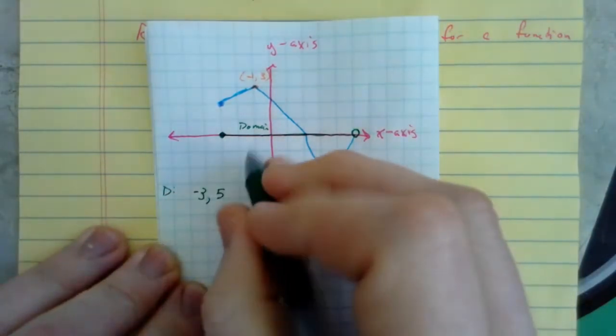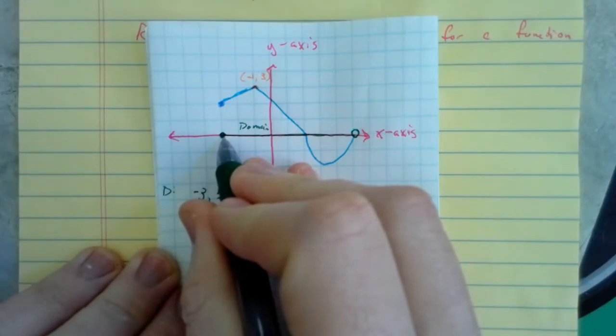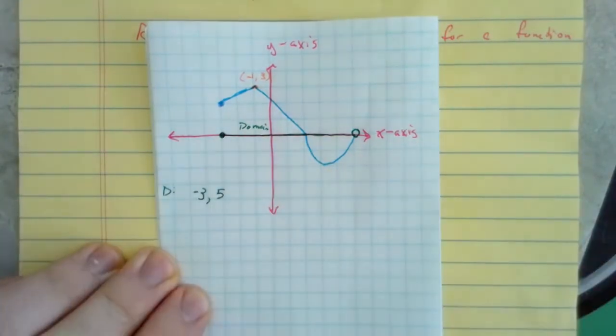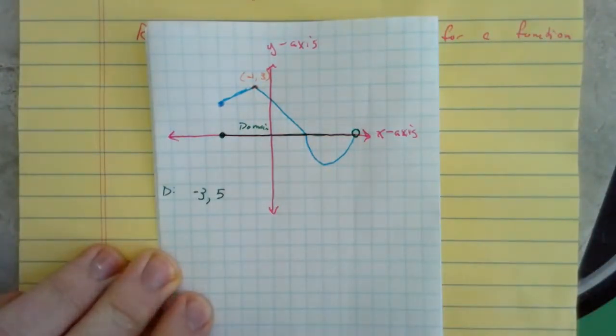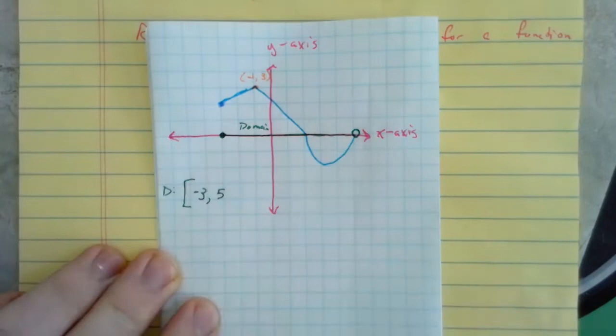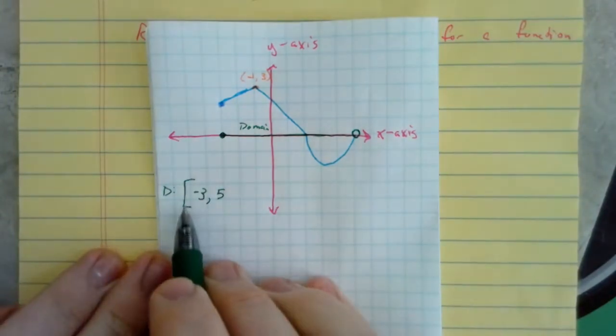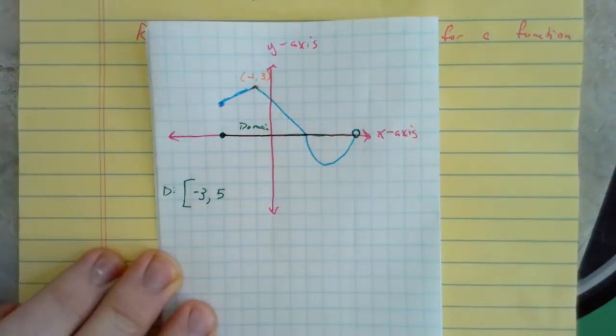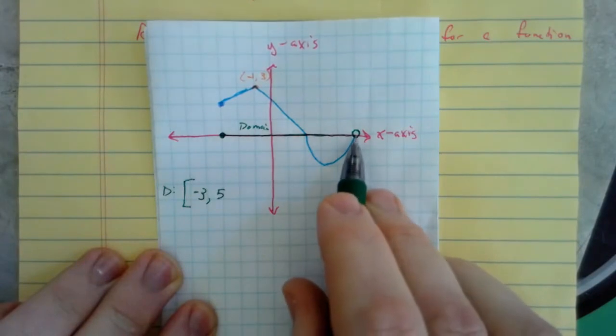Now here's the thing. This is a closed circle. That means that -3 is a possible input. I can put -3 in. When a number can be put in, we use a bracket like this. That tells me that -3 is included, okay? But you'll notice over here the 5 is not included, right? Because it's an open circle.